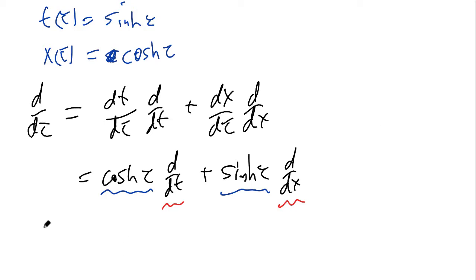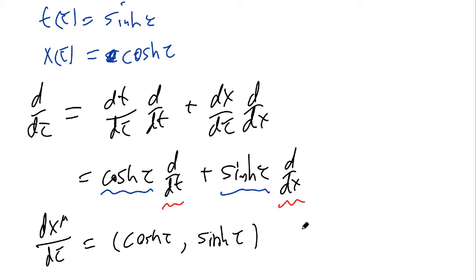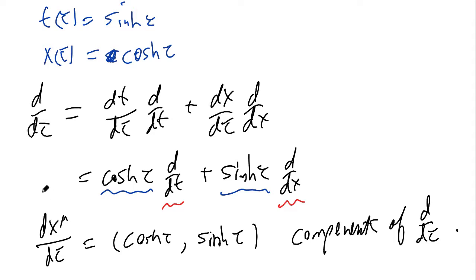All right, so we can write, if you like, the components dx mu by d tau are cosh tau, comma, sinh tau. These are the components of d by d tau. Keep in mind that d by d tau is not just a single vector, it's a vector at each point or each event along the world line of this particle.